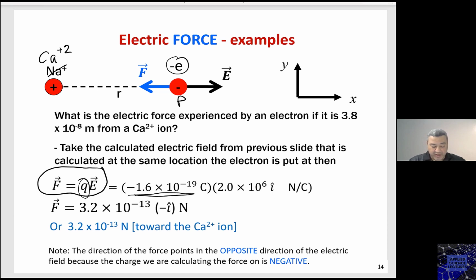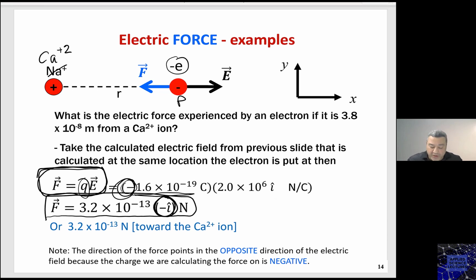Here in this equation, I substituted Q with its negative value, minus 1.6. Why? Because I'm expecting the force to be in the opposite direction of the electric field because of this negative sign. So in this case, the force would be in the opposite direction of the electric field, and that's why it is minus i hat.